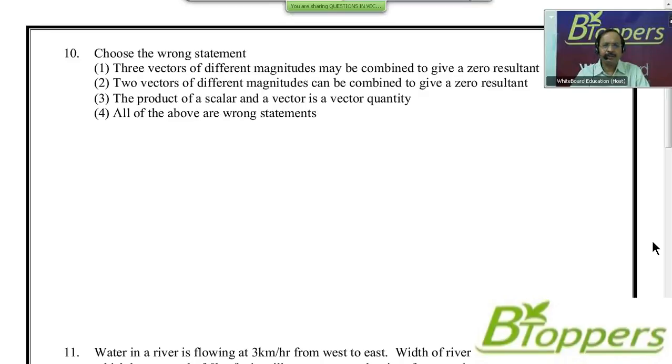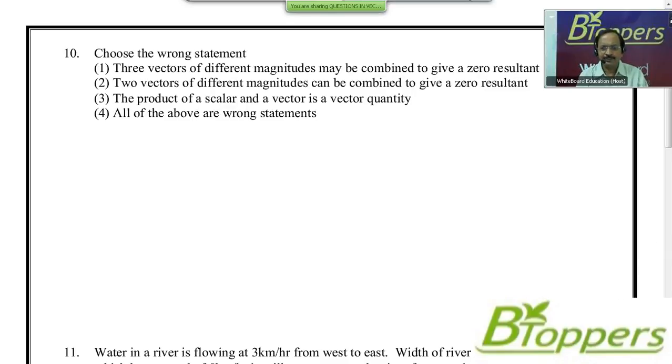Third option: the product of a scalar and a vector is a vector quantity. Fourth option: all of the above are wrong statements. It's a theoretical question. Come on, try to answer the question. In case you need more time, you can pause and think about it. Come on, please see the next question.